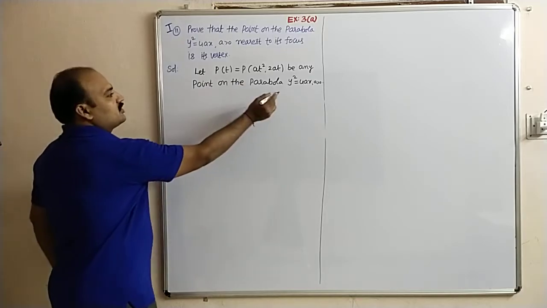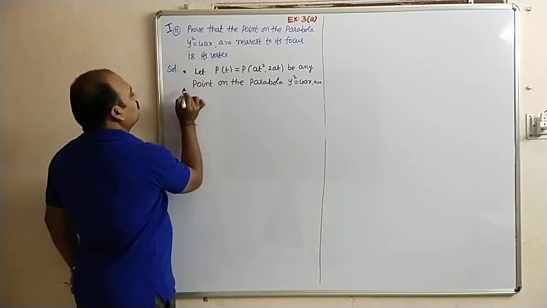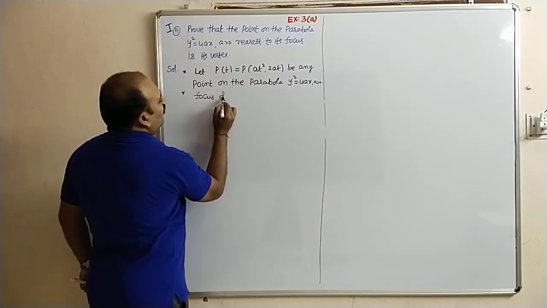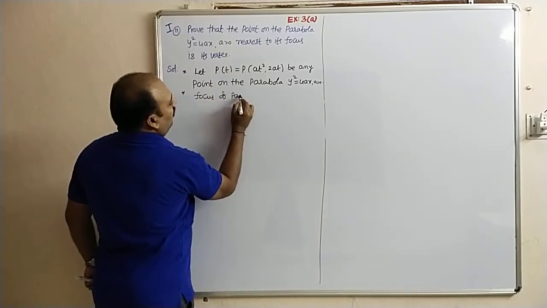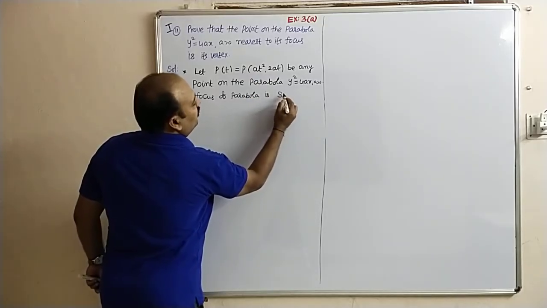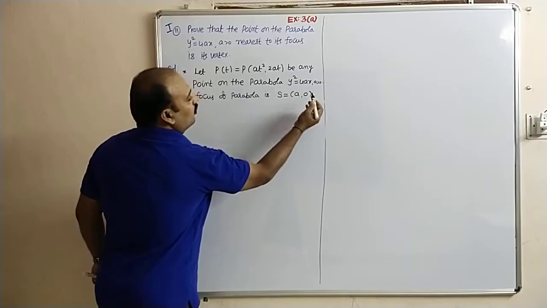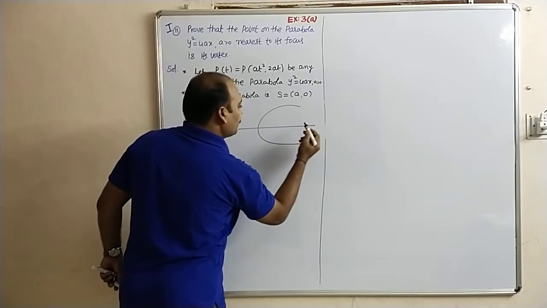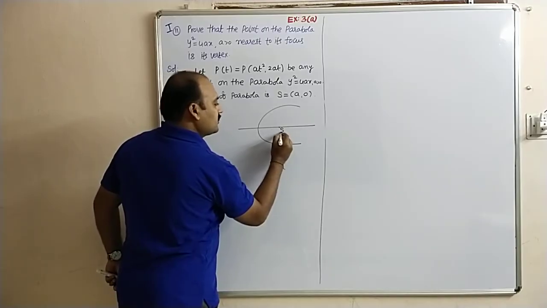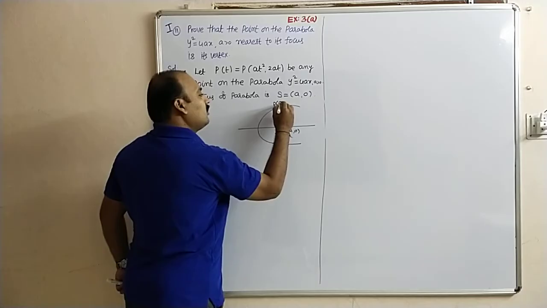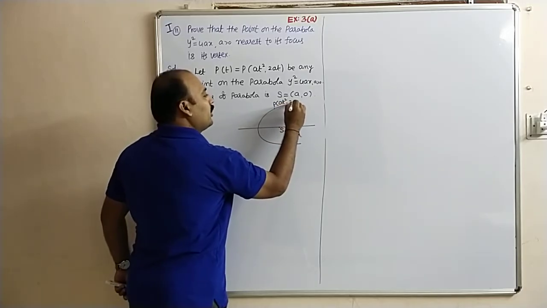After that, focus of the parabola is S(a, 0). So here draw the figure: S(a, 0) and P I am assuming here (at square, 2at).